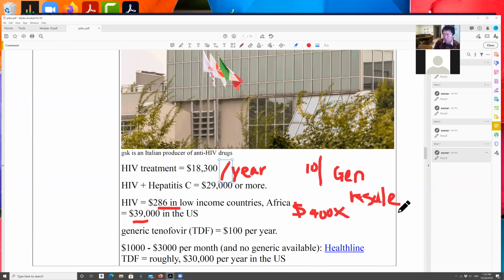Forget it. We're going to stick with American consumers and we'll be making enough money. That's their attitude. Not because they discriminate against poor human beings in Africa and India. It just does not pay to sell their drugs to poor people in Africa and Asia, okay?